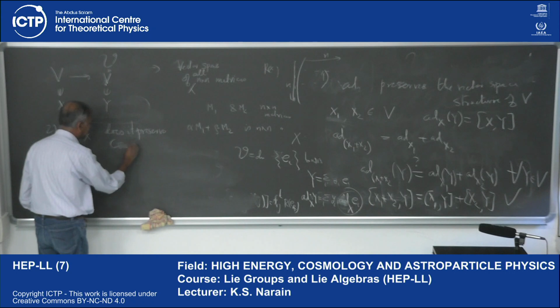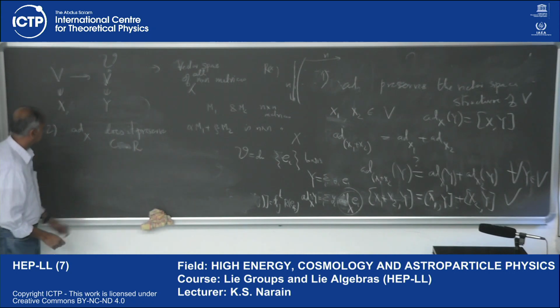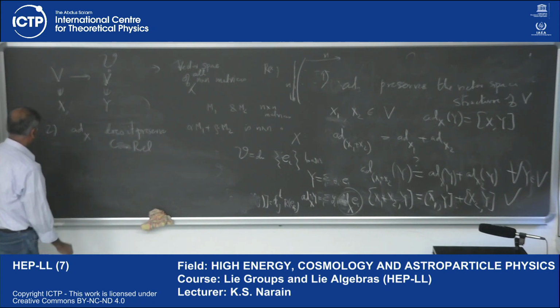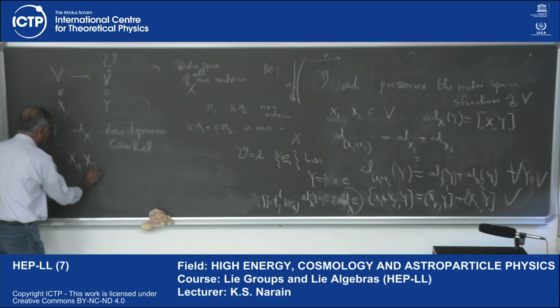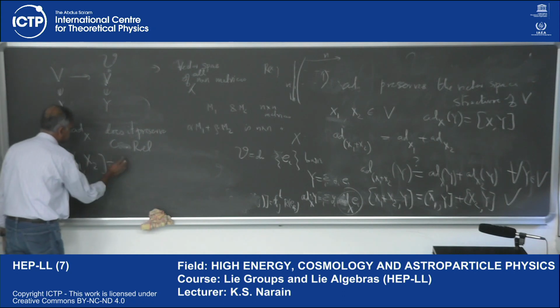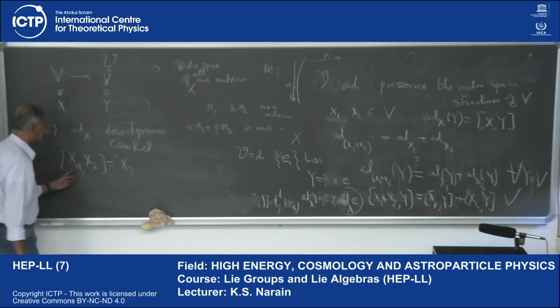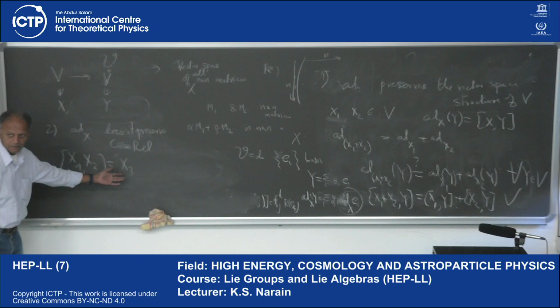Let me just write CR, commutation relation, instead of writing it out. Okay, so what I need to prove is that if the commutator of x1 with x2 is, let's say, something else, x3. By definition, the commutator of x1 and x2 will be some element of V, which I call x3.